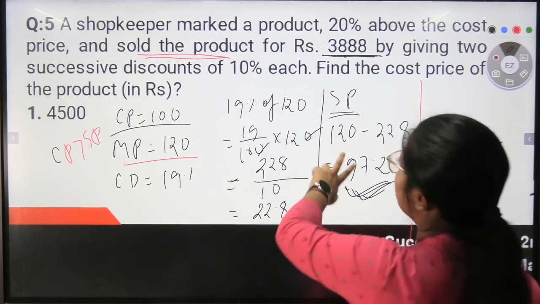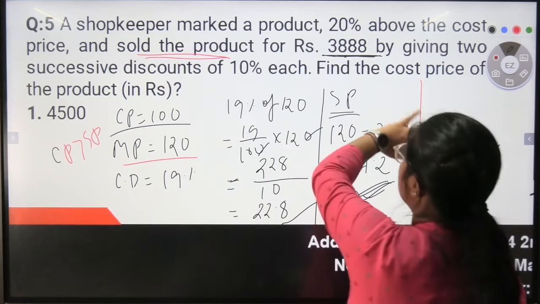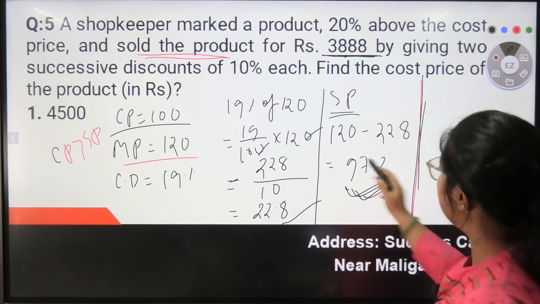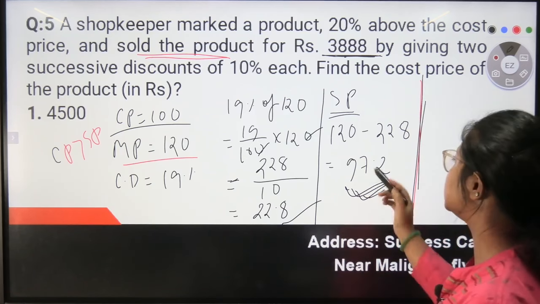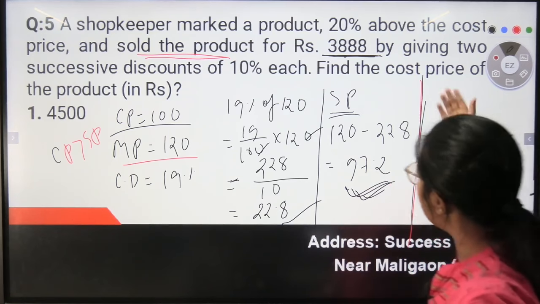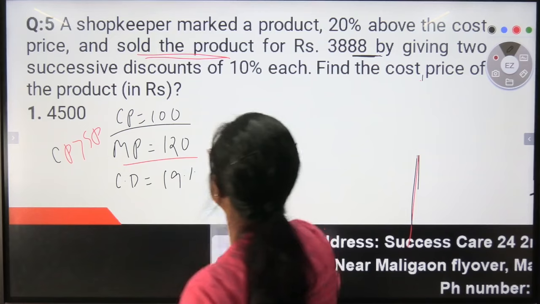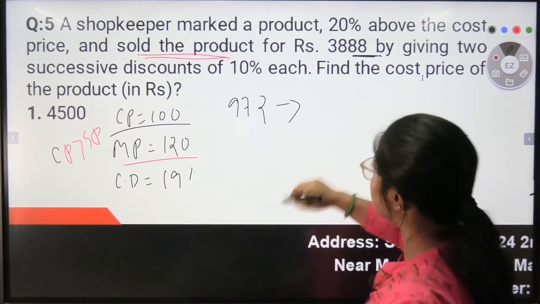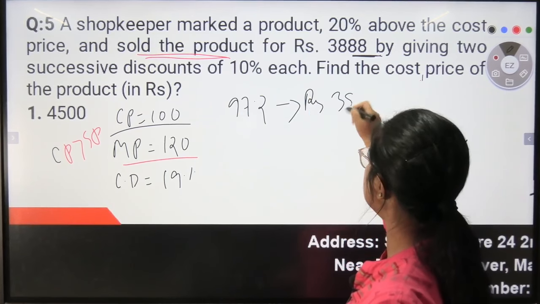So I can now equate these two. My 97.2 selling price is actually equal to rupees 3888.